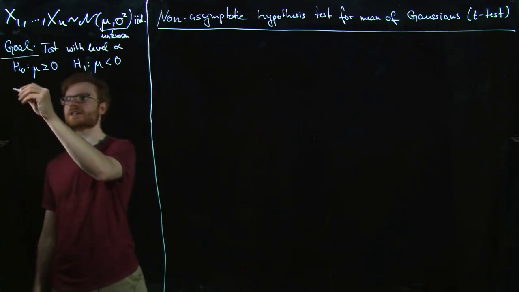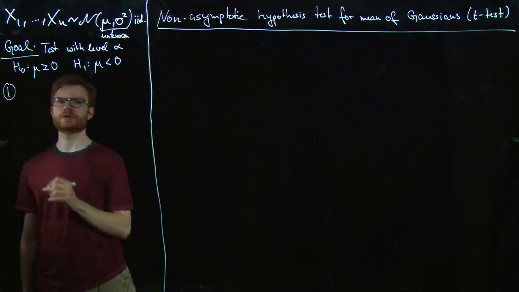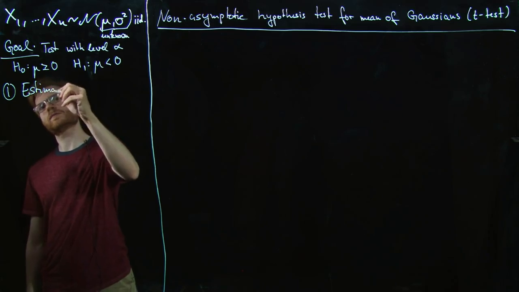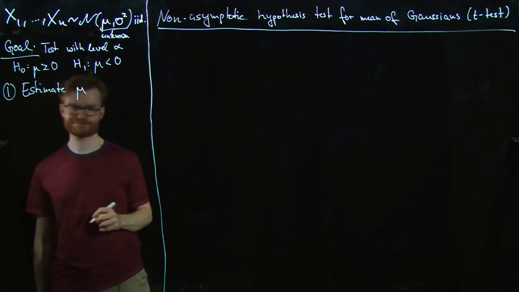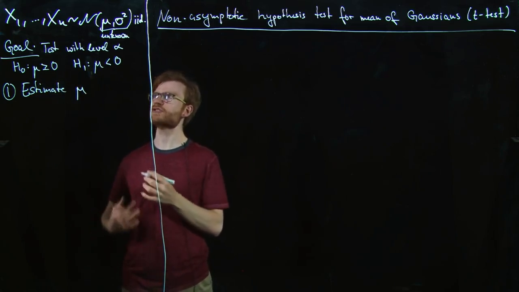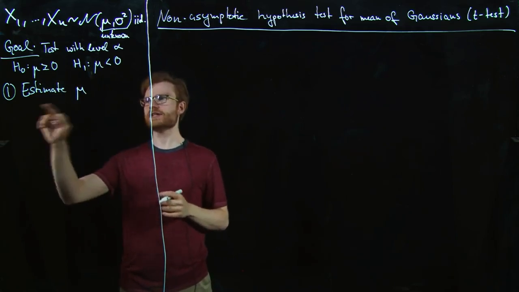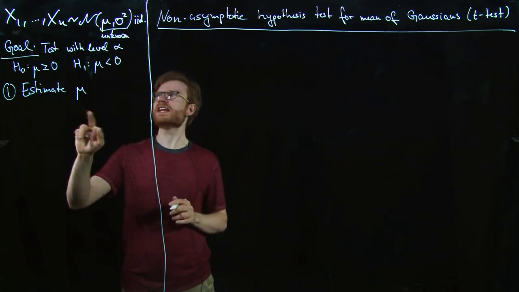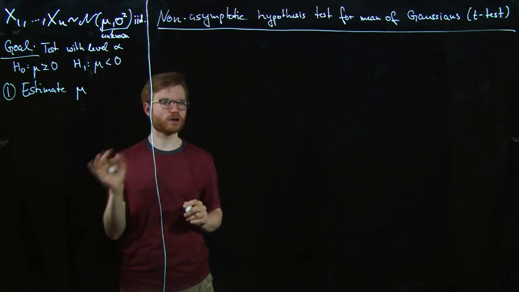How are we going to do this? We're going to go through the same steps as before. First, we're going to estimate mu. And since you already should have the intuition that if I try to turn an estimate of mu into a test statistic, then probably sigma squared will show up somewhere.